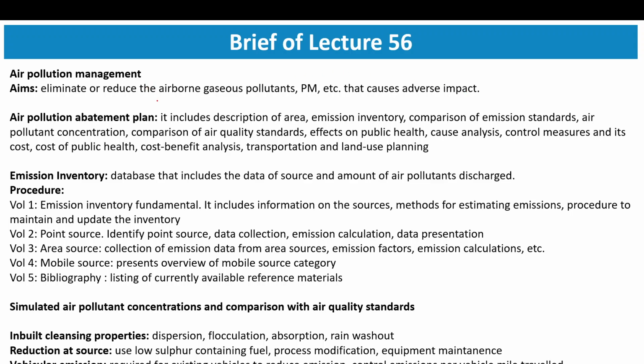Now, in an air pollution abatement plan, you need to have some rules and regulations, proper planning, and a body that governs and keeps a check on it. So, what could be the plan?